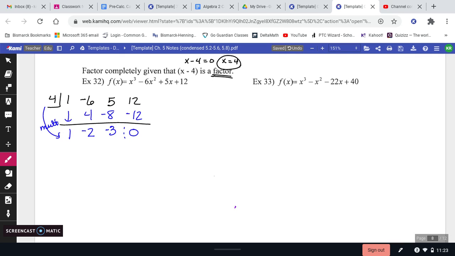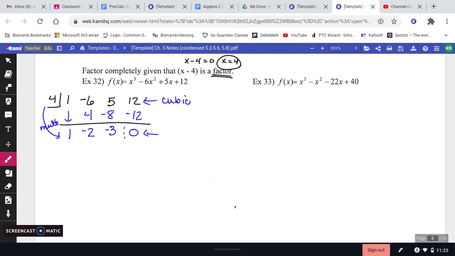So when you factor, because you are told this is a factor, which means that it divides evenly into that polynomial, you should have no remainder. Okay, so what this tells us is the 1, the negative 2, and the negative 3. These are coefficients for a quadratic, because here we started with coefficients for a cubic.